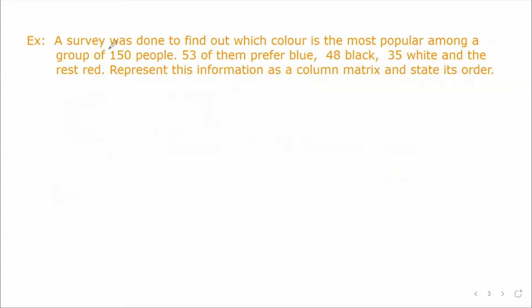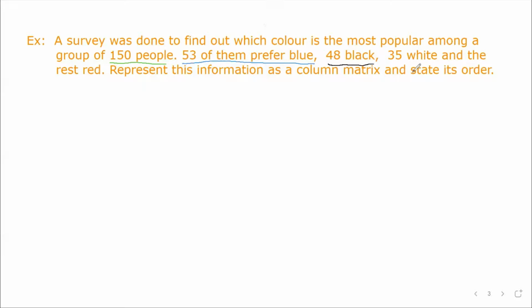For the next example: a survey was done to find out which color is the most popular among a group of 150 people. In total the group has 150, and 53 of them prefer blue. 48 like the black color.